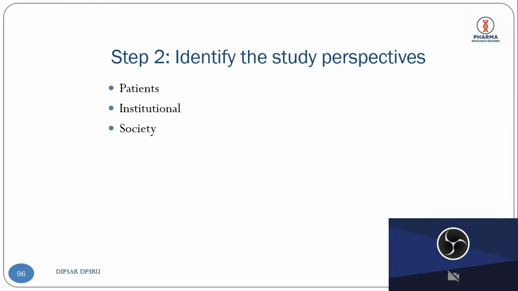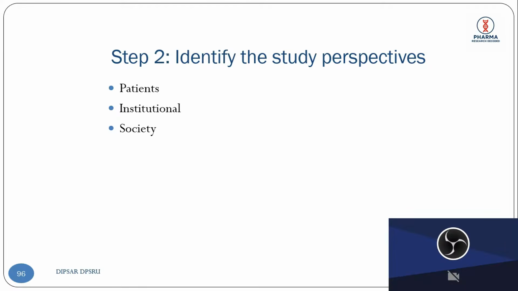Then the second step is to identify the study perspective. As I said, there are various stakeholders in pharmacoeconomics, so depending upon the study perspective, your analysis will change. You have to identify whether you are doing it from the perspective of the patients, institutional, or society.